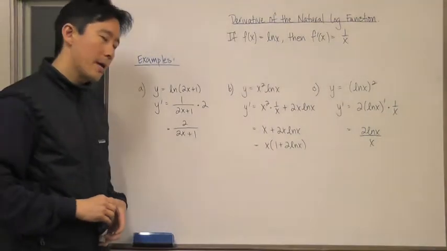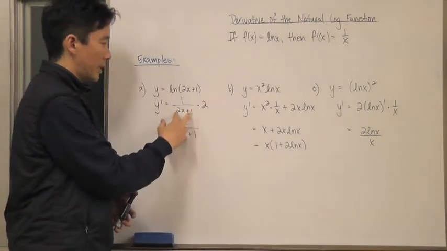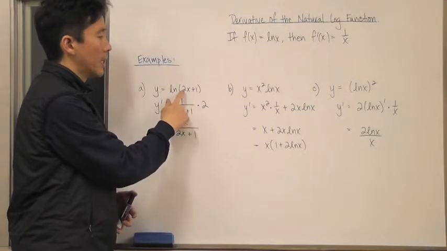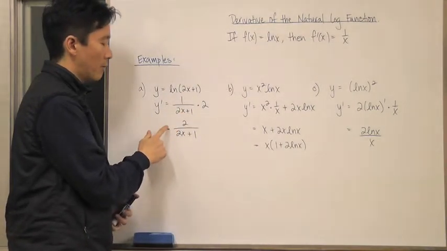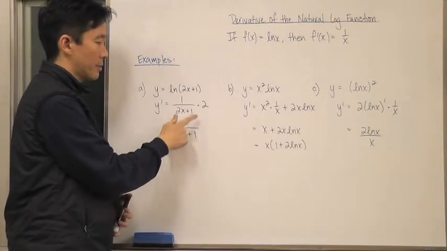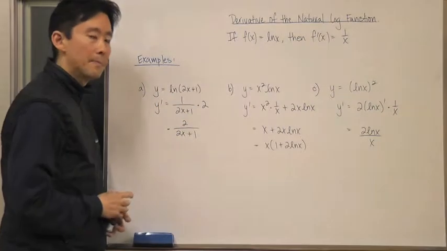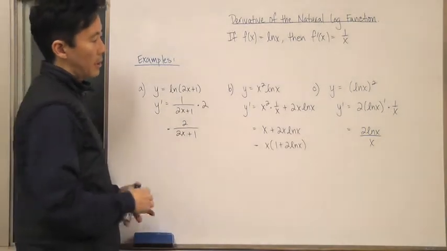But then we need to multiply by the derivative of what was placed in the denominator, which is 2x plus 1. So the derivative of 2x plus 1 is just 2. So we come out with the overall derivative of the natural log of 2x plus 1 to be 2 over 2x plus 1.